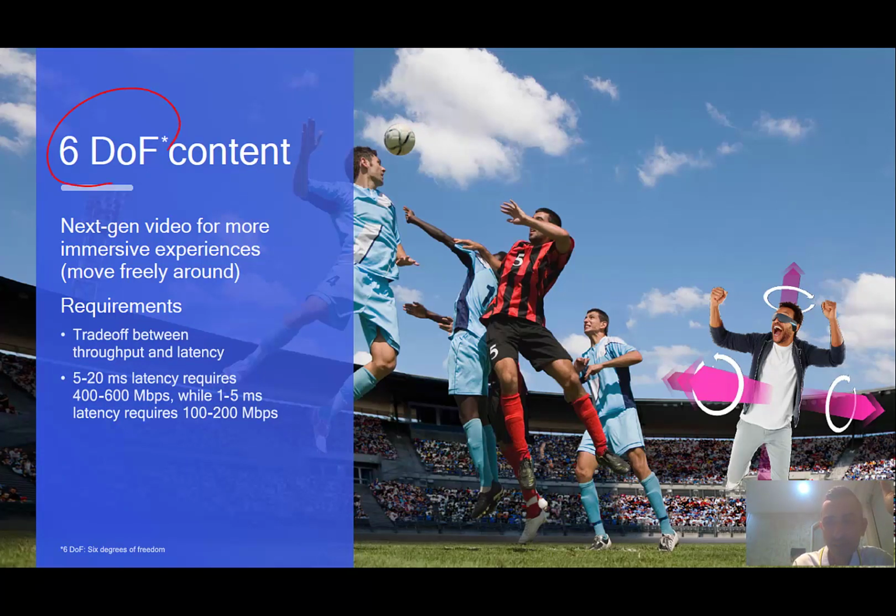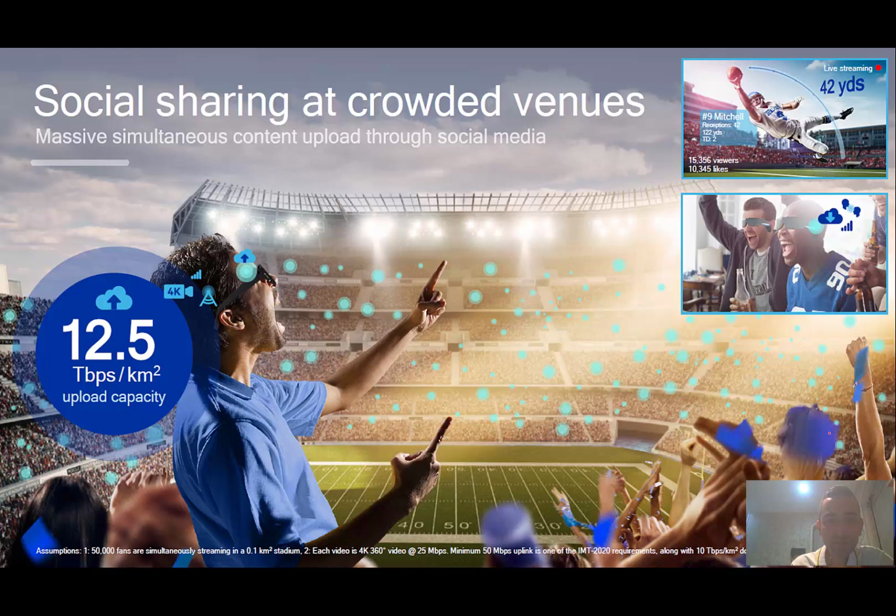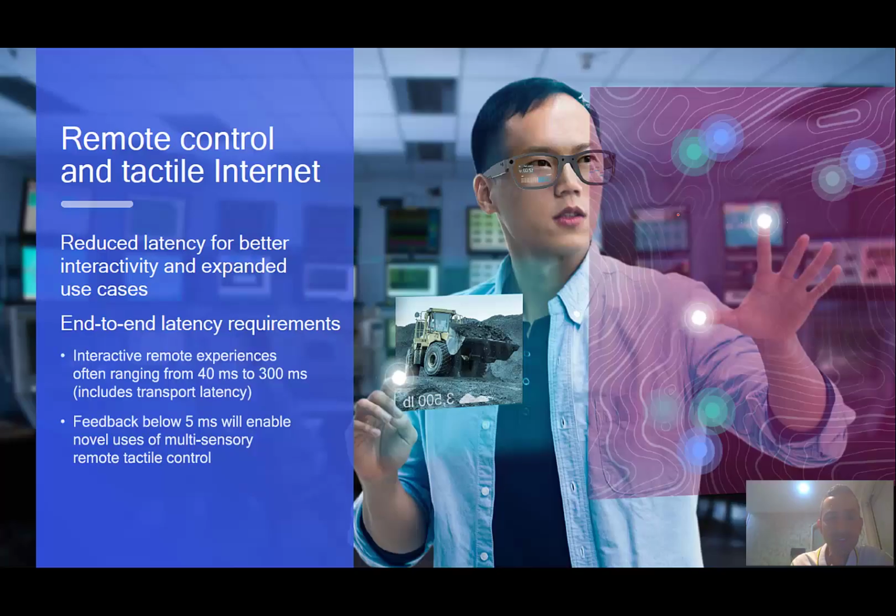For example, this person here feels that he is in the stadium. If all of these persons were in this stadium, it would need huge upload capacity, but right now each person is at home or in the workplace and can have an exciting experience with this technology.